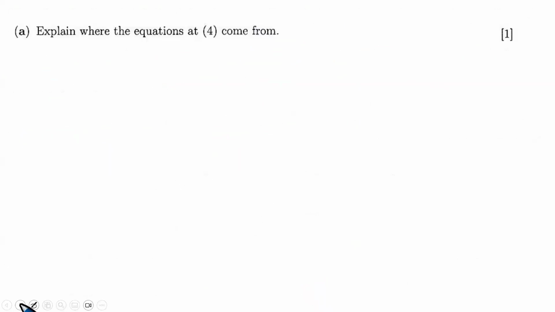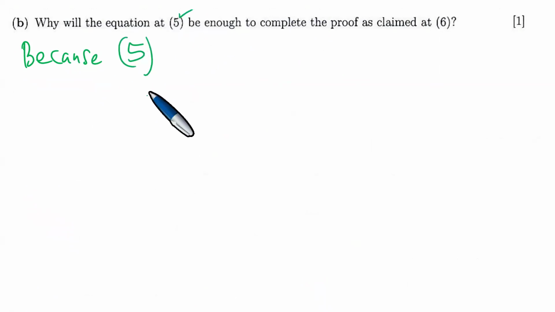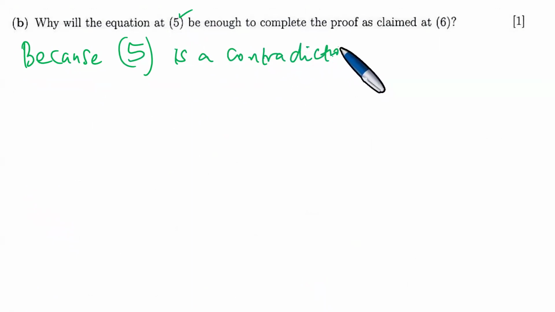There are many things you can say there, but let's write the following. At this point, this is because the fifth equation is a contradiction. And we want to discuss why it is a contradiction, as we've just mentioned.